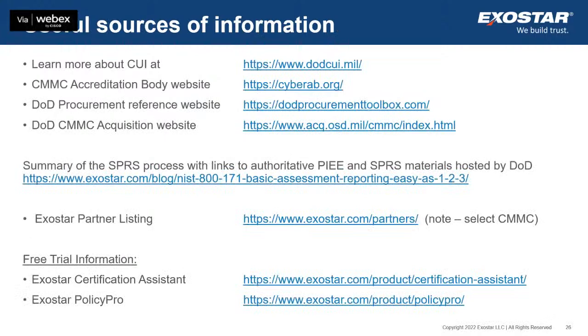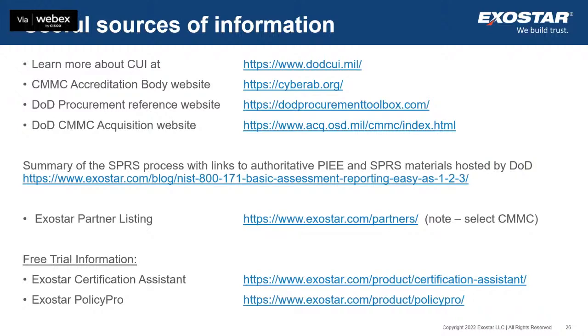So I've got another set of questions around Exostar specifics, but before I jump into those, I just wanted to let you know there are a whole lot of places to get information about this, right? I've got the website there for CyberAB. If you want more information about CUI itself, or how to figure out what is and is not controlled unclassified information, there's a site there.